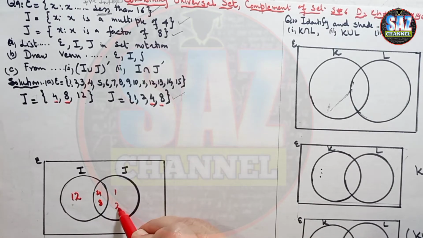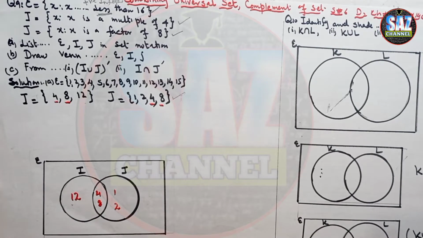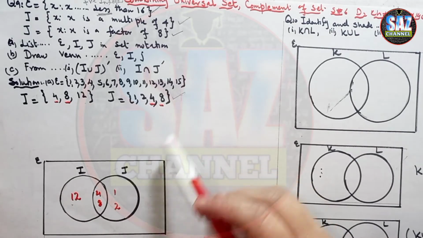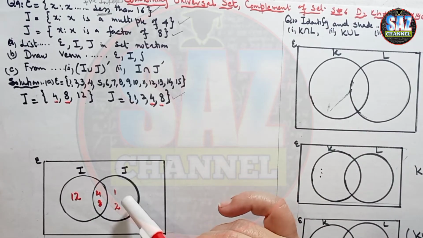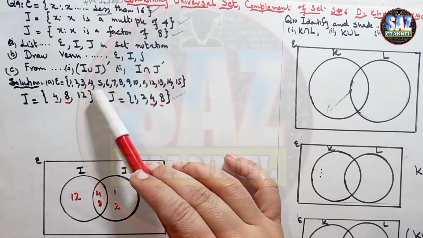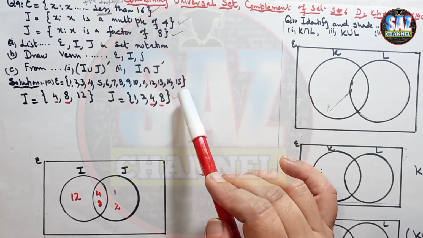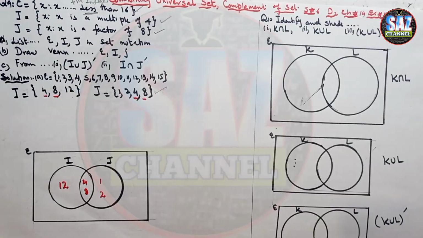Now some of the elements of universal we are fitting in the subsets, but universal is containing some more elements as well. So let's write the remaining elements in the universal.